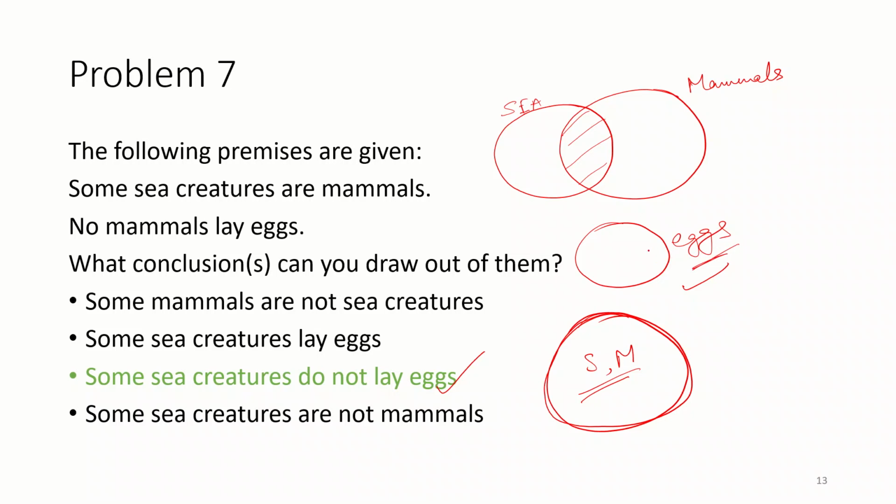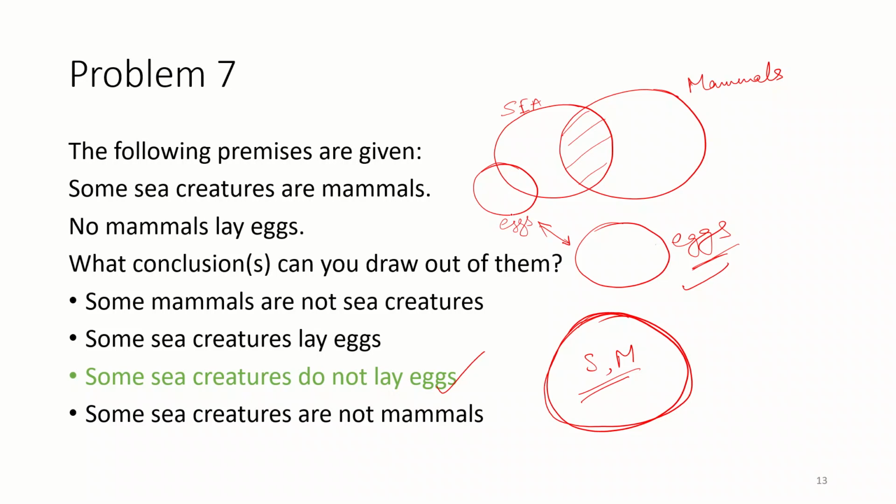There can be a condition that this set can lie here, but there is no statement that tells us that. If there was another statement that some sea creatures lay eggs, then we can be sure that these eggs lie here.